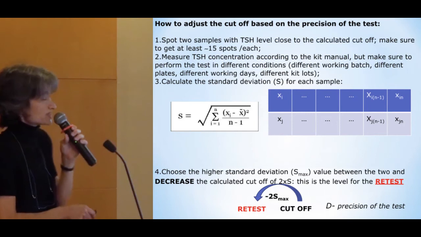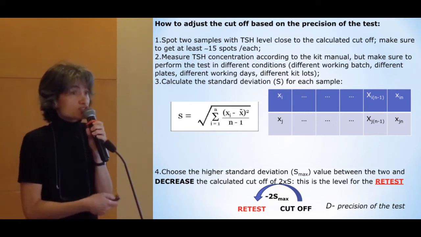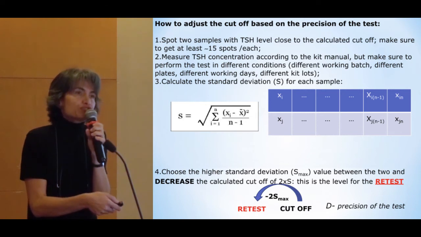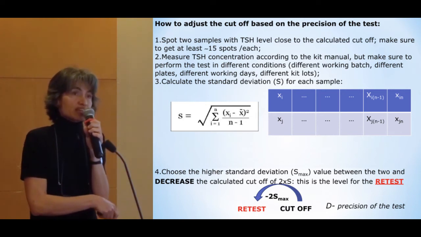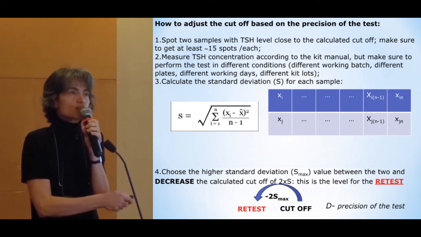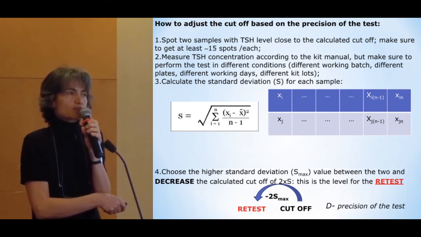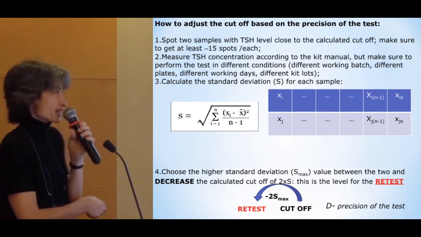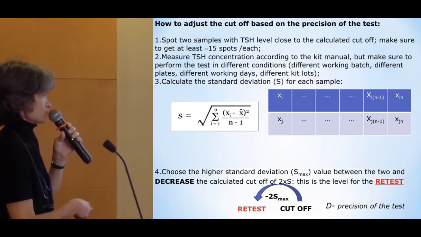And then do the same procedure, because your test can have a variability different from the samples taken at birth. So you have to, again, spot a couple of samples close to the cutoff calculated and find out the standard deviation.